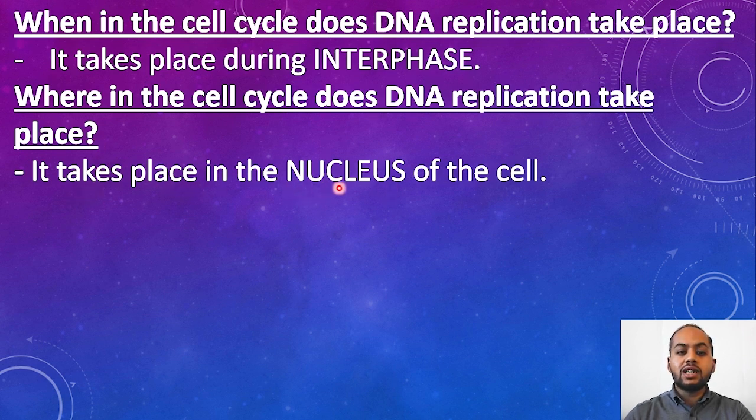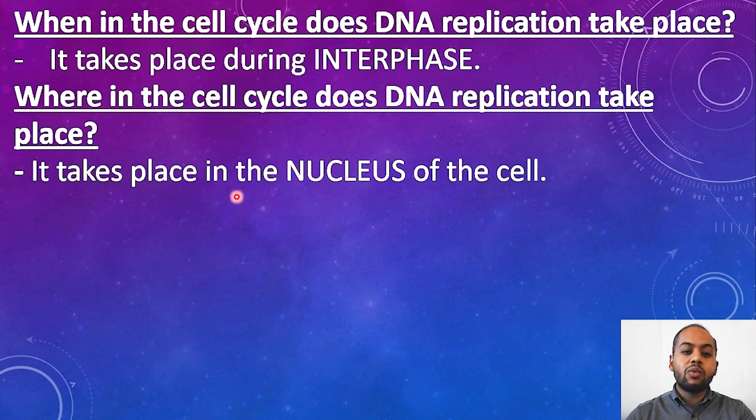Now, why are we saying that it takes place inside the nucleus of the cell? Remember in the previous video, we said that there are different locations of DNA. DNA is found inside the nucleus, the mitochondria, and also inside the chloroplast of plant cells.